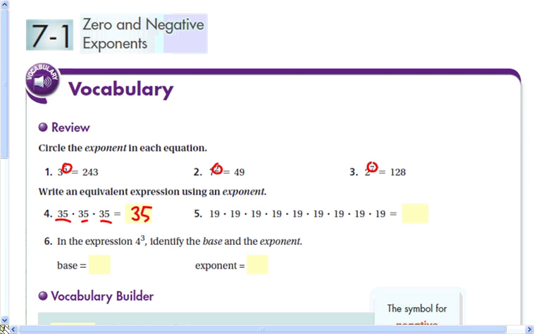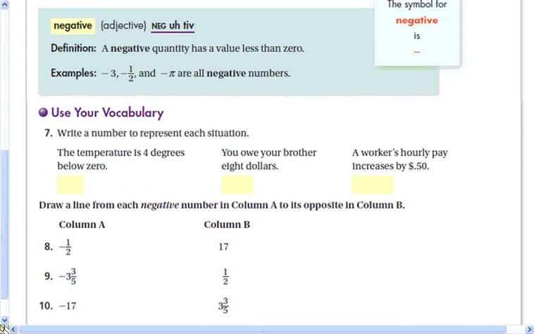So the 3 represents how many times we're multiplying by that. And here we have 19, 9 times. In the expression 4 to the third, the base is equal to 4 and the exponent is 3. I'll write a number to represent each situation.